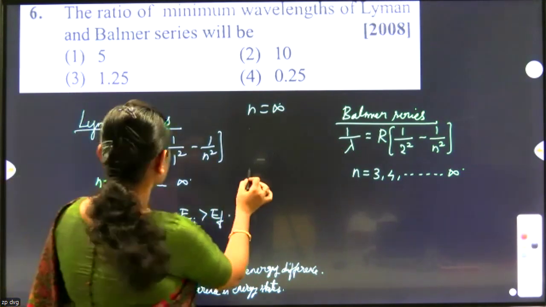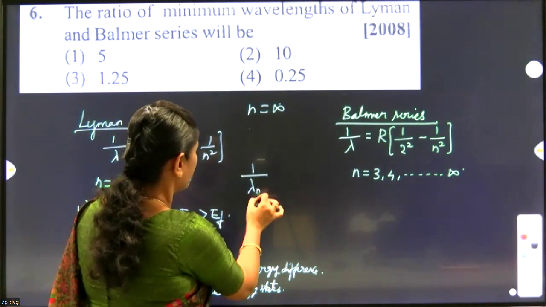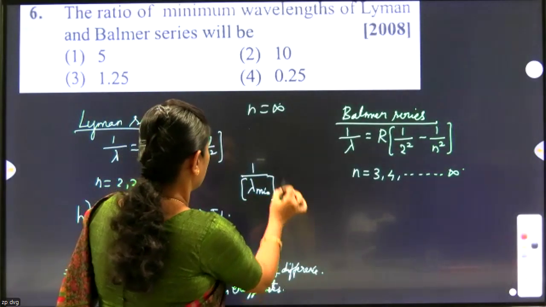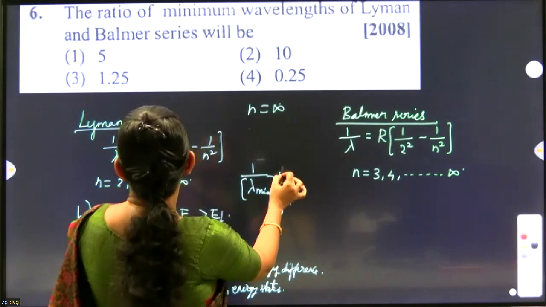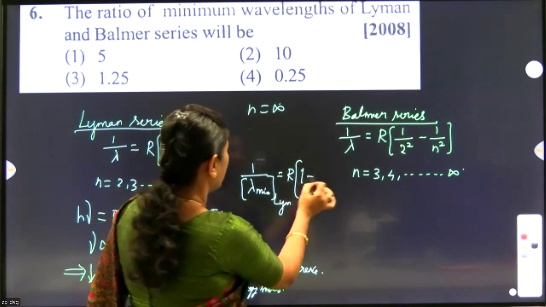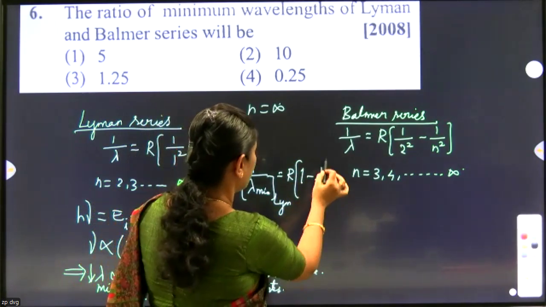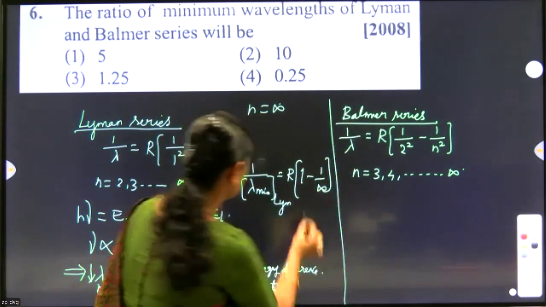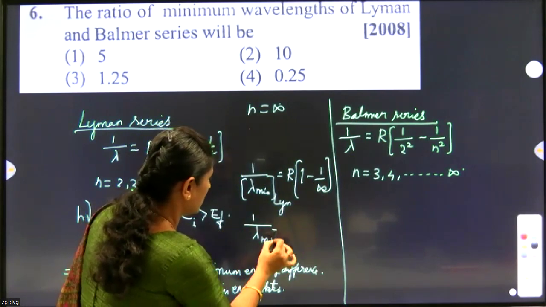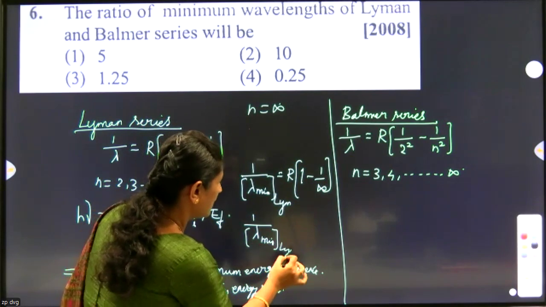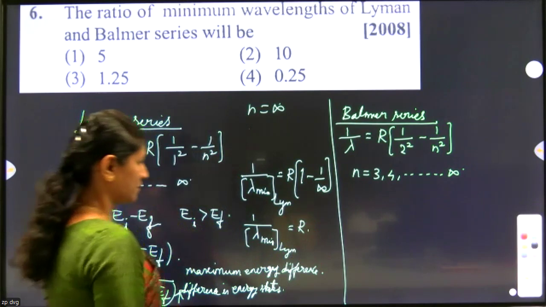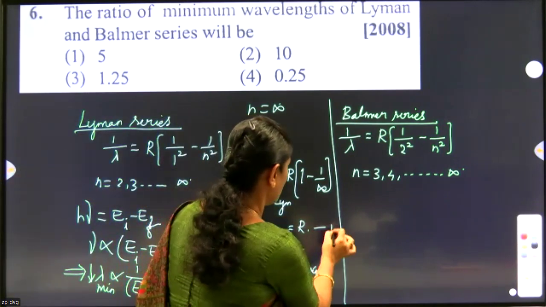Therefore, 1/λ minimum of Lyman series is equal to R(1 − 1/∞). This gives 1/λ minimum of Lyman series equal to R. This is equation 1.